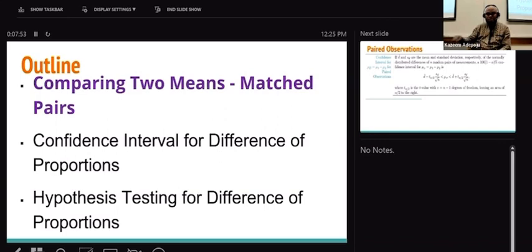Then we're also going to talk about the confidence interval for difference of proportions, and then look at hypothesis testing too.